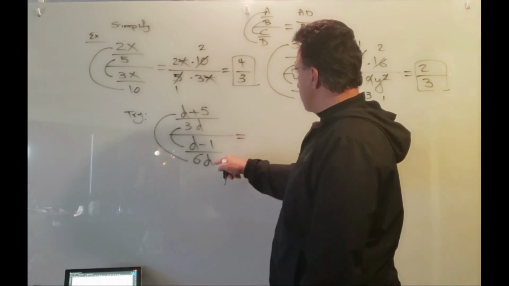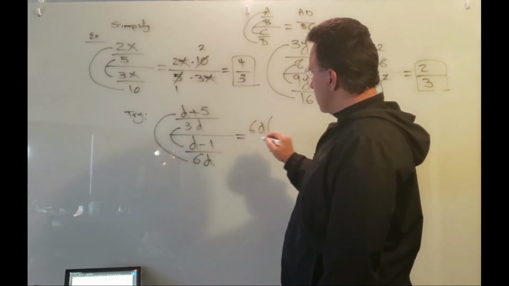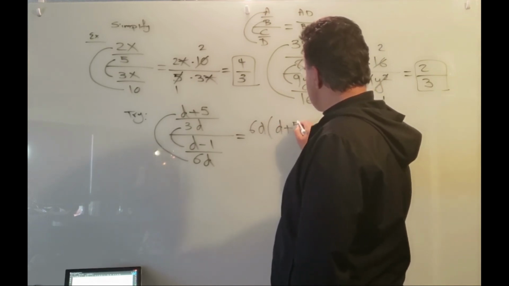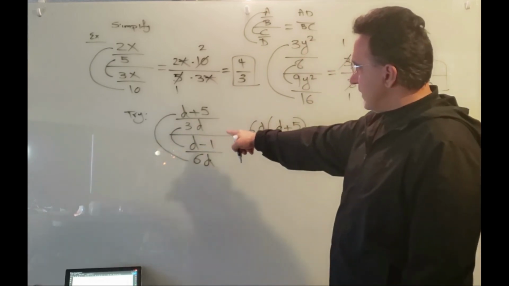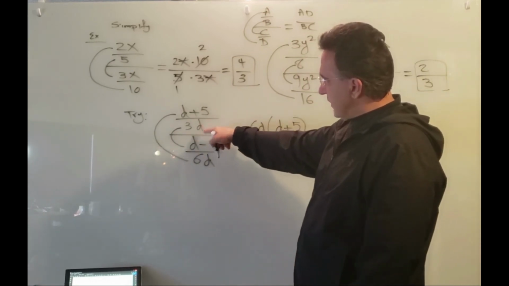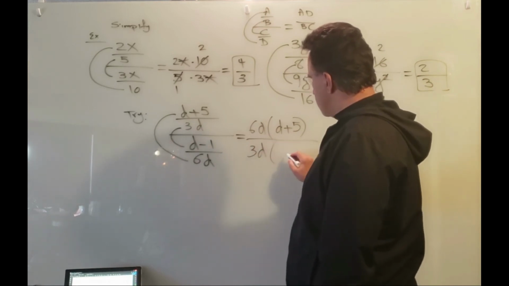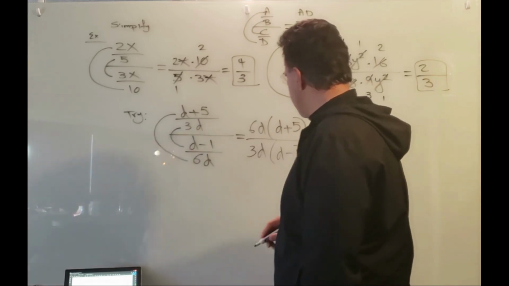So I'll go ahead and write the monomial first. It makes it a little bit easier. So you get 6d times d plus 5 over the inner product, or the near product, which is 3d times d minus 1.